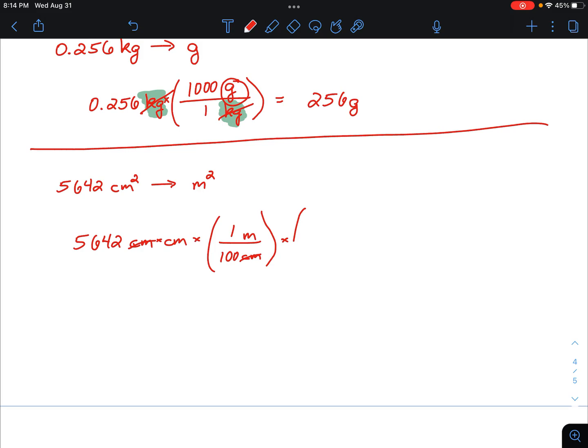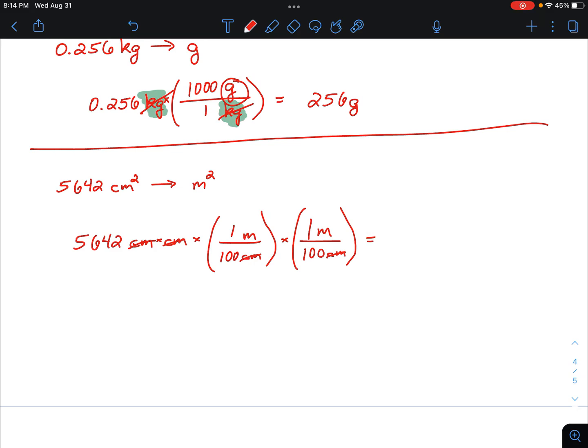So I need to do that whole conversion factor again. So when I do that, both of my centimeters have been converted into meters. And then let me show you 2 ways that we can evaluate this.